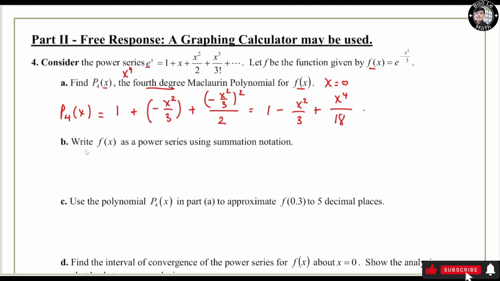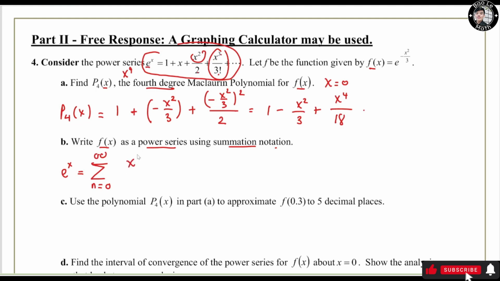Now question B. Write f(s) as a power series using summation notation. Alright, so we have e to the s equals, we just rewrite this one as a power series, right? So it can be the sum n starts from 0 to infinity. Look at this one. This is s squared over 2 factorial, s cubed over 3 factorial, right?